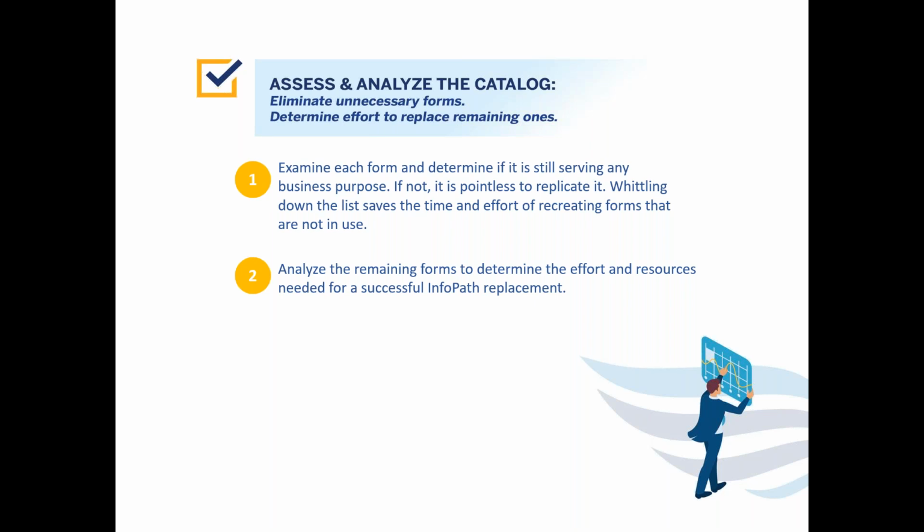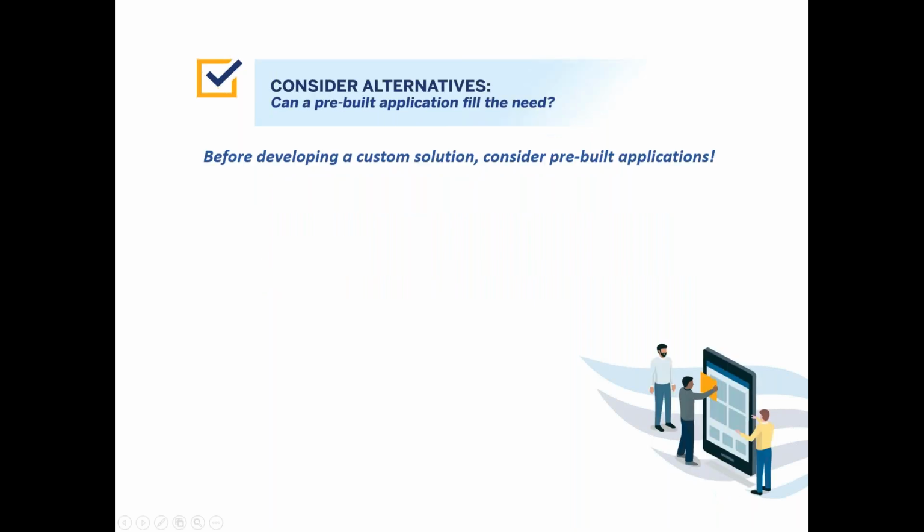And at the same time, as you look at each form, you can say what else needs to be done here. How can we improve this form? How can we make it more adapted to the modern environment we're working in right now, whether it has to be mobile friendly, or you want to add more dynamic elements to it, or you want to integrate with different databases, or you want to maybe do some Teams integration if you're on Office 365 and using Teams.